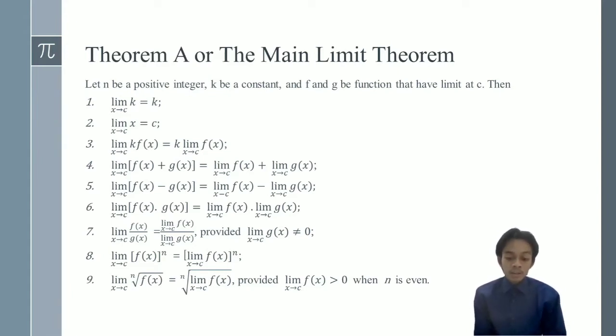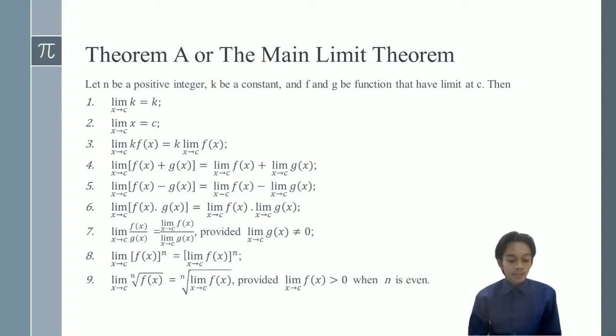It states that the limit of the product or quotient of two functions is simply the product or quotient of the limits of the individual functions. Note, for the limit of a quotient, the limit of the denominator should not be equal to 0. In cases where the denominator is 0, the limit doesn't exist.